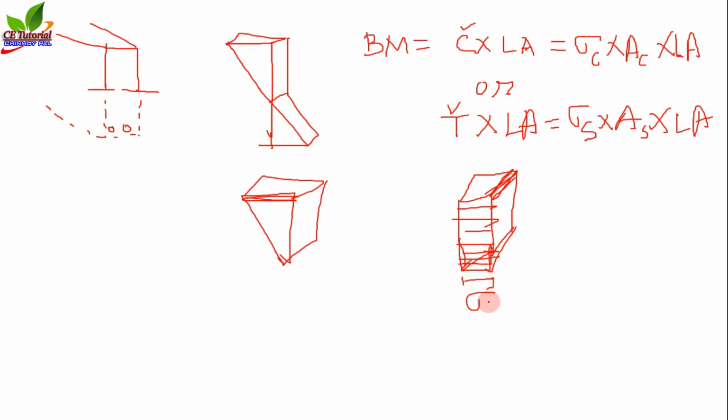So this value is sigma C, and if I multiply it with the cross section, we can get the exact C. That is, sigma C multiplied by AC, and it is possible only when the three-dimensional bending stress figure is the rectangular one. But this is not rectangular, this is triangular. What can I do?